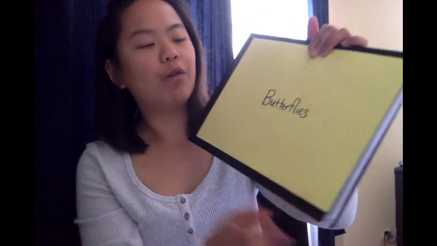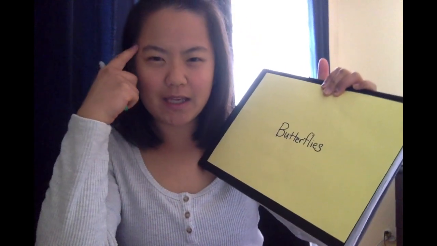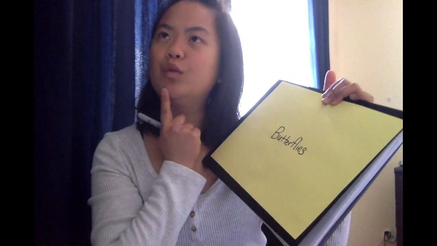I've written the word butterflies over here, and then I'm going to take a marker and think, what is the first thing that I might want to write about butterflies? Oh, I know. Butterflies, how do they move? I know that they fly, so maybe I can write about flying.